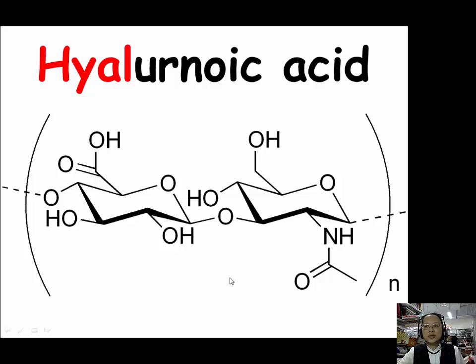It is distributed widely through connective, epithelial, and neural tissues. However, this molecule is formed in the plasma membrane instead of the Golgi apparatus, which is very special because most of those glycosaminoglycans are formed in the Golgi apparatus.